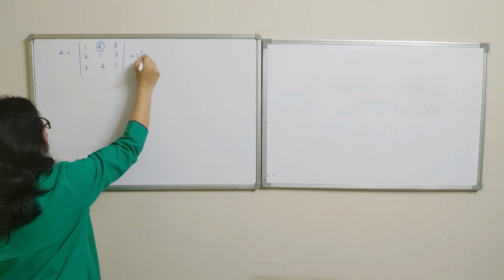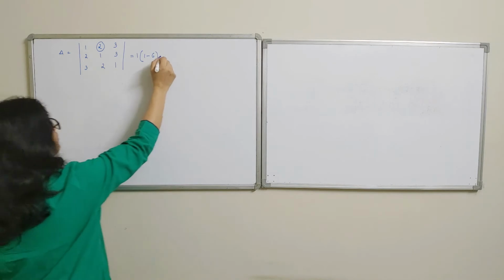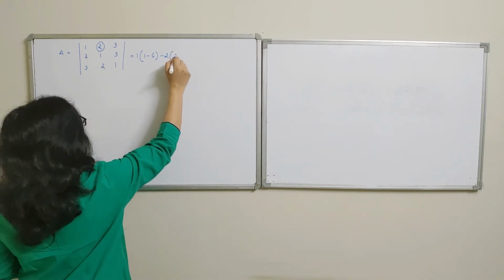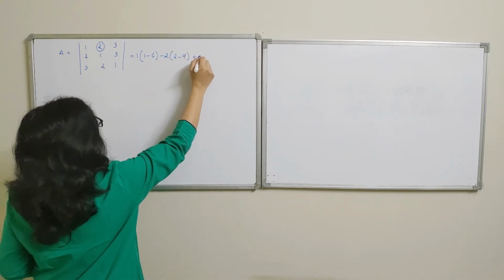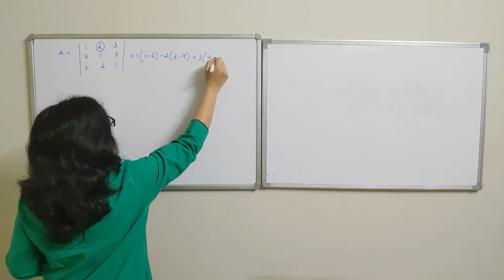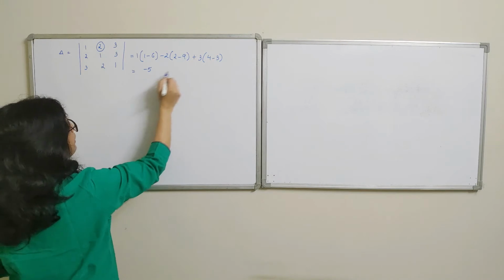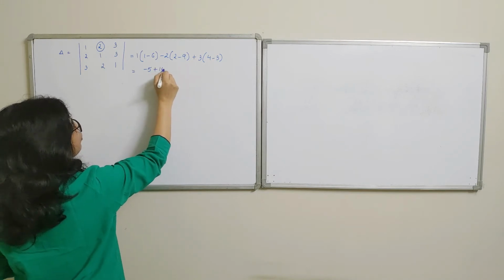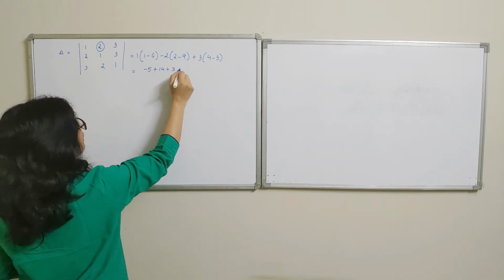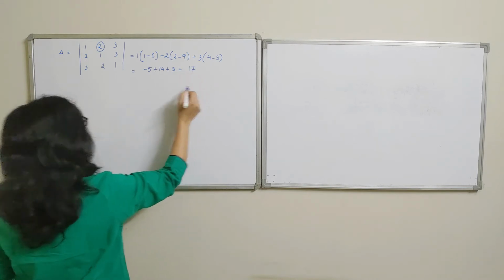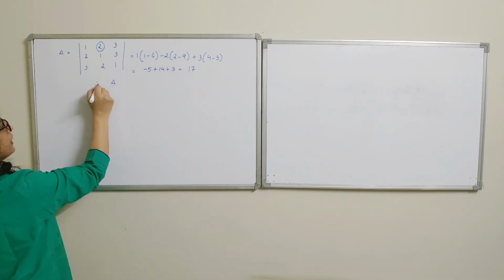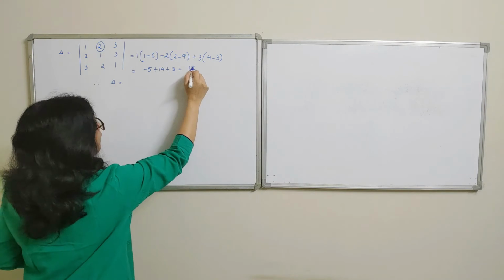So 1 multiplied by 1 minus 6, minus 2 into 2 minus 9, plus 3 into 4 minus 3. On simplification, minus 5 plus 14 plus 3 equal to 12. So we know the value of the determinant is 12.